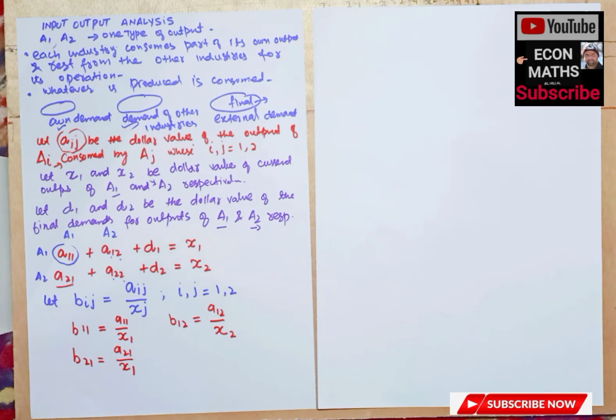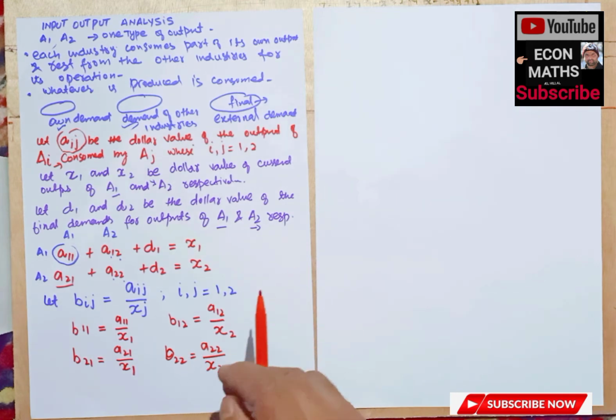Similarly, I will write here B22, which will be equal to A22 divided by X2. Okay, I hope I am making myself clear till this point.